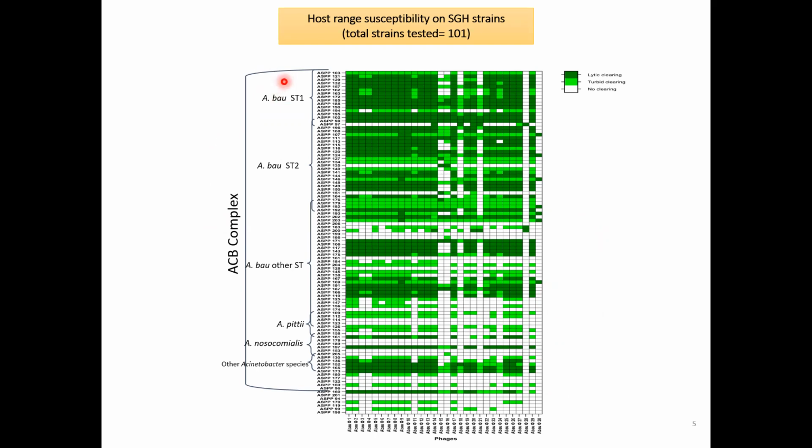And after spotting them, we got to know that our phages identified and killed most of the ST1 and ST2 which are present in the clinics. And nevertheless, it can target the other ST types of A. baumannii and some of the other species of Acinetobacter as well, apart from just targeting the ST1 and ST2 types.